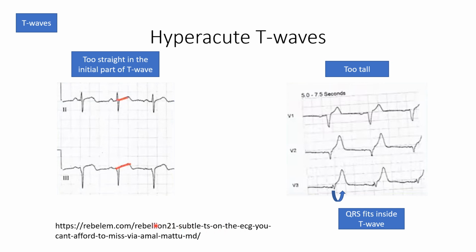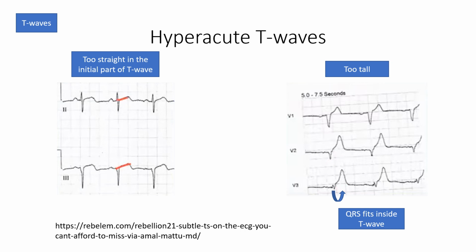Mattu has this lecture with this link where he talks about the criteria that we usually know: if you have a QRS that can fit inside of the T wave. So here's an almost normal QRS complex with a T wave, but here you can see the ratio between the QRS complex and the T wave is so different. The QRS complex can fit inside, and also here.